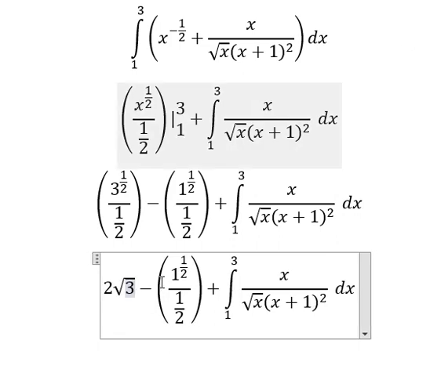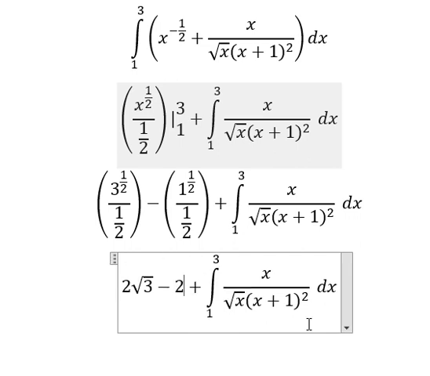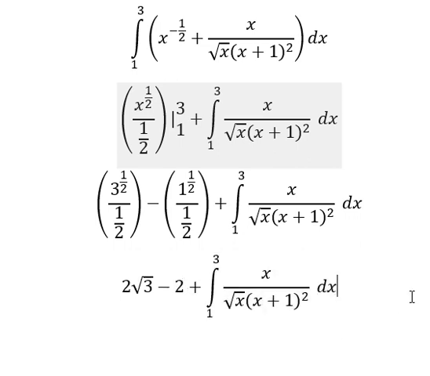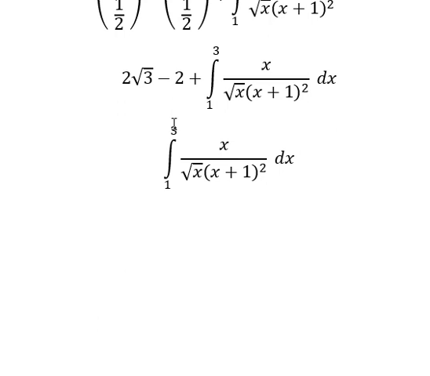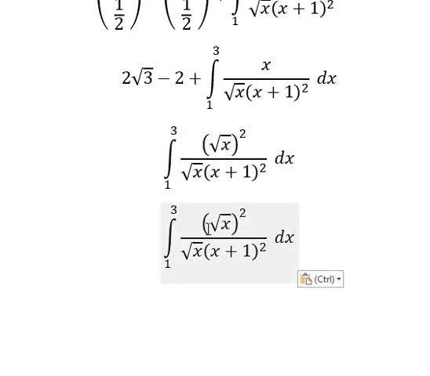And this one, that is about number 2. So about x, that is about the square root of x to the power of 2. And now we need to simplify it.